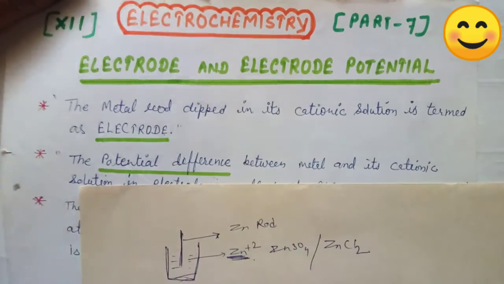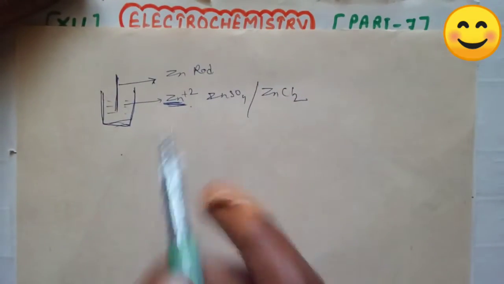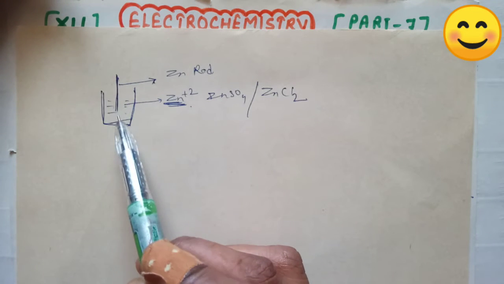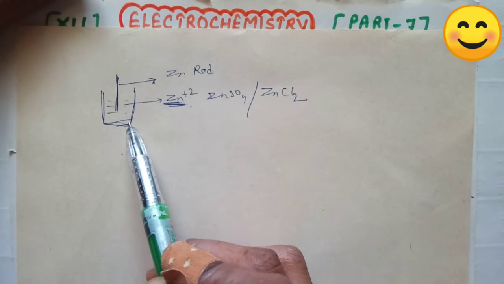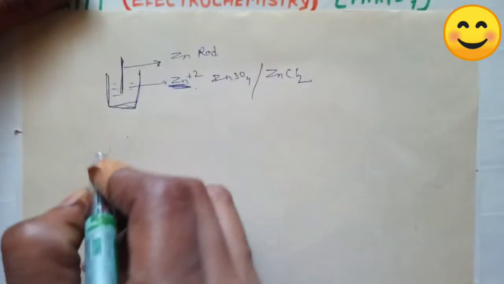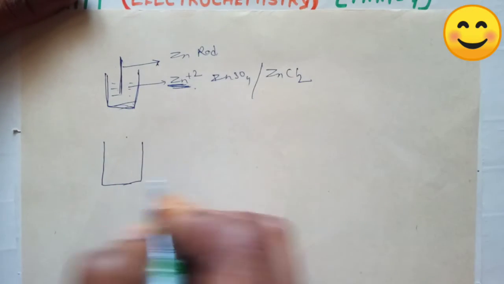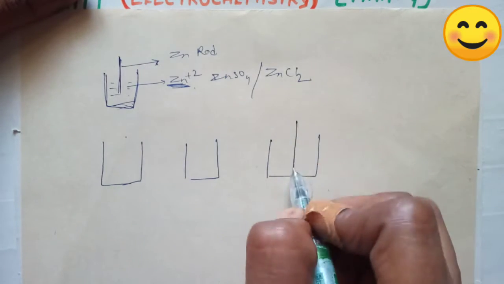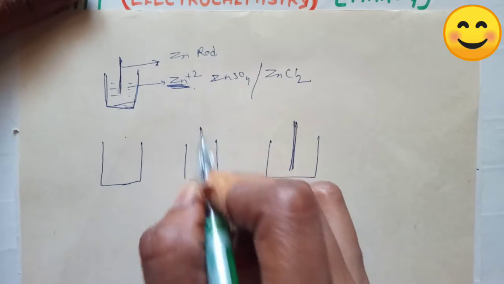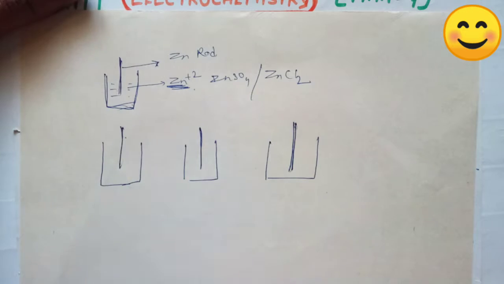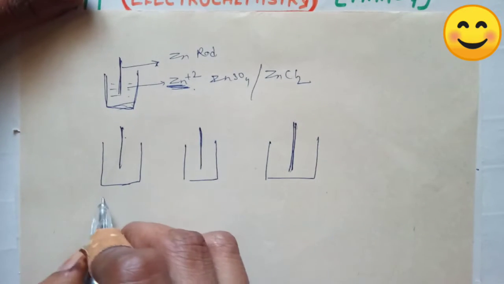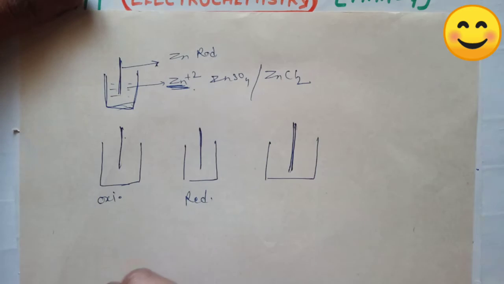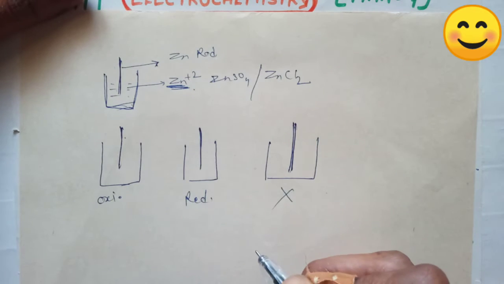Now see, when any metal rod is dipped in its cationic solution, there are three possibilities for the electrode to become charged: first, oxidation takes place; second, reduction takes place; or none of the above.